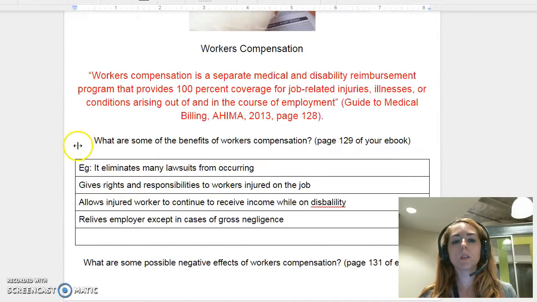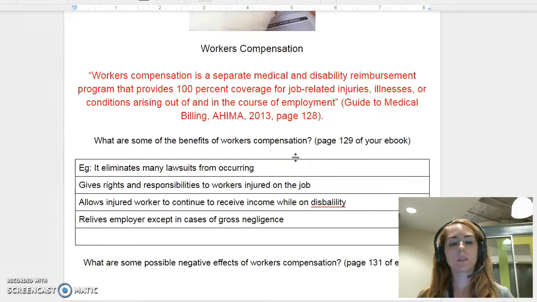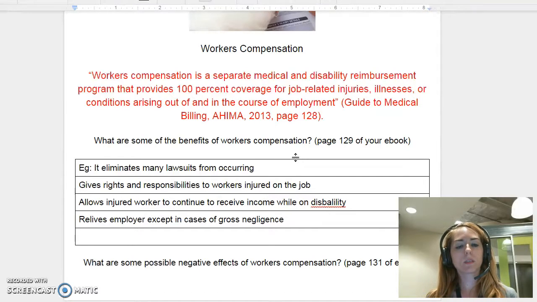Workers' compensation has a lot of benefits, and there are also some negative aspects. One benefit is that it eliminates many lawsuits, which happened a lot in the past when workers didn't have a workers' compensation program. There were many more lawsuits then, which makes sense, but now that it's in place, it has reduced them drastically.